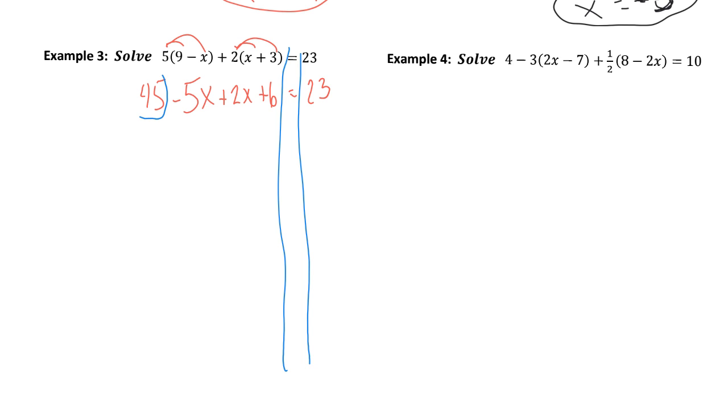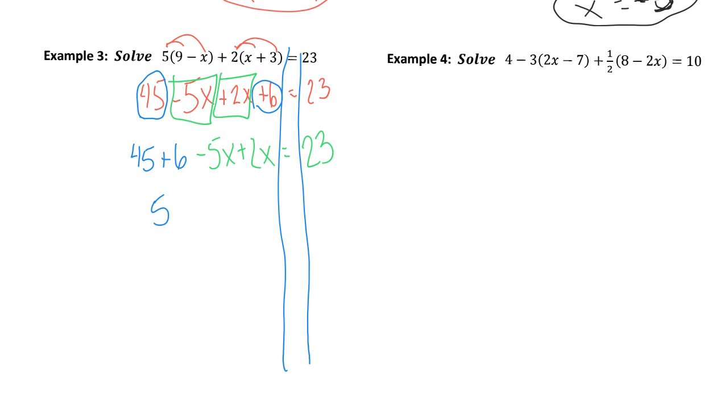We're combining our like terms, so 45 plus 6. And then our minus 5x plus 2x equals 23. Now 45 plus 6 is 51. And then negative 5x plus 2x is negative 3x equals 23.